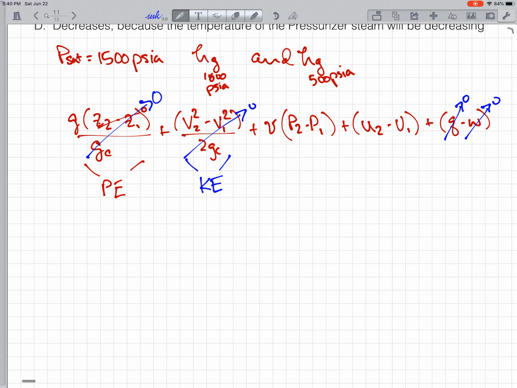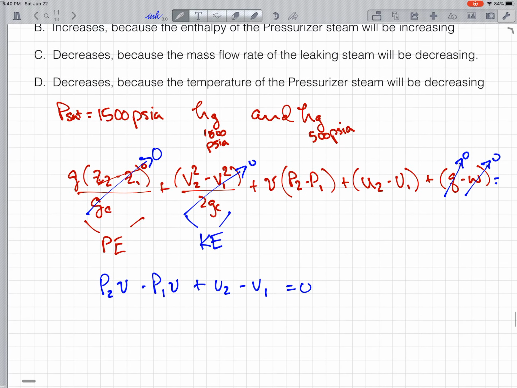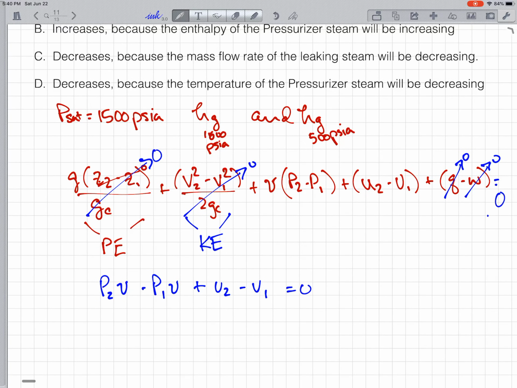So what we're left with is P2 times specific volume minus P1 times specific volume, plus internal energy minus internal energy is going to equal 0. That equation is going to equal 0 because everything's going to balance. All right.